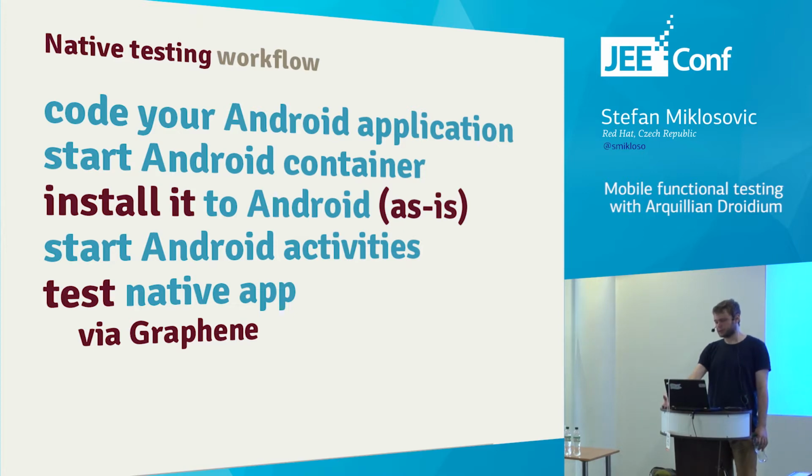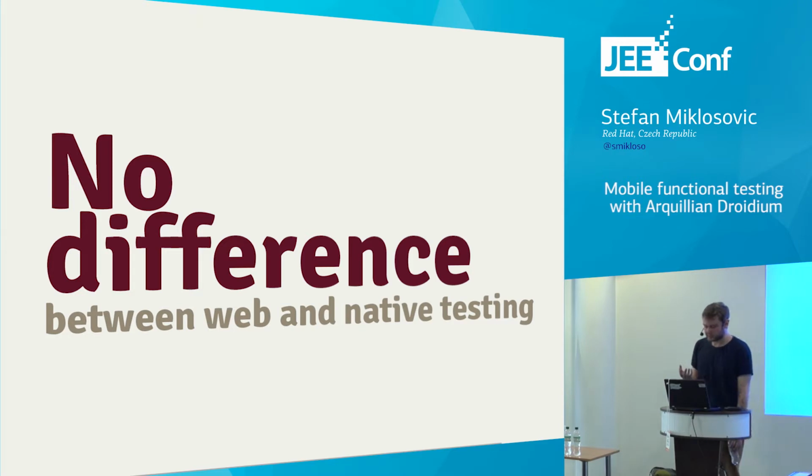You start your Android container, and you deploy that APK to the Android container as is, without any modifications. This is a really interesting thing, that you have to do nothing in order to carry out tests. You just deploy your application without any modification. And you start Android activities, and these Android activities are treated by WebDriver.